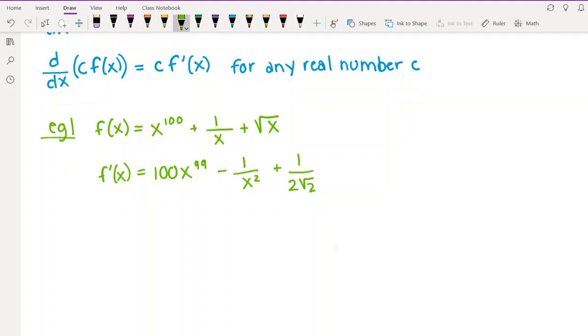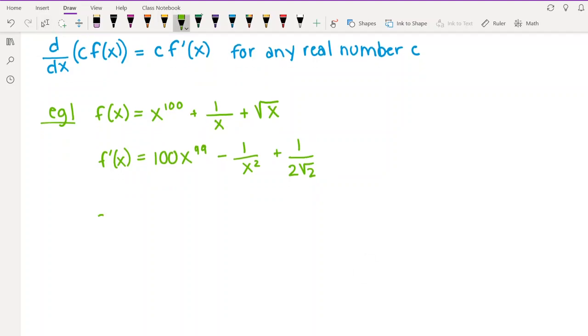To give another example, let's say that we had a function g of x, and that function was equal to 10x squared. If we wanted to take the derivative of this function, we can use the constant multiplication rule, the one at the bottom in blue.